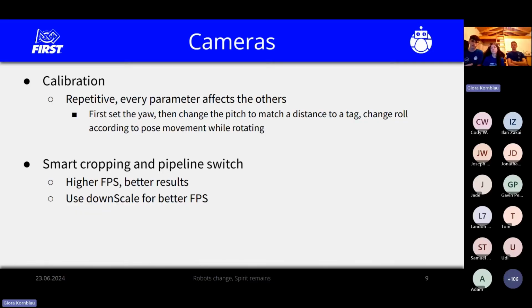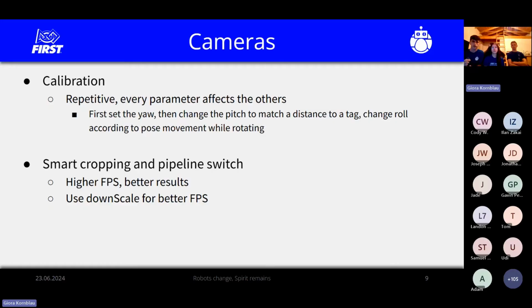Now, our calculation is really dependent on the calibration of the camera. So we want to make sure that the calibration is as good as we can do. So first, we are taking the distance from the middle of the robot to the lens of the camera in the X offset and the Y offset.